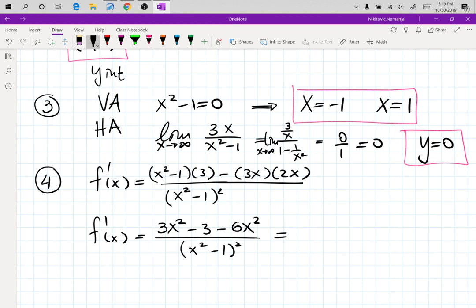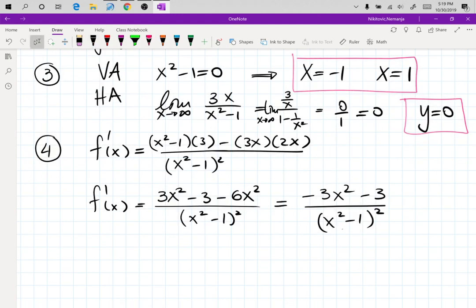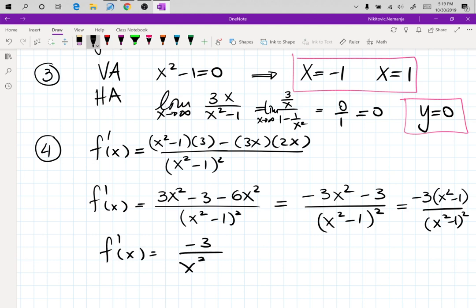And that's going to be negative 3x squared minus 3 divided by x squared minus 1 squared. Oh, you see this? This is beautiful. Kick out negative 3, you get x squared minus 1. Nice. The first derivative simplifies to negative 3 over x squared minus 1.